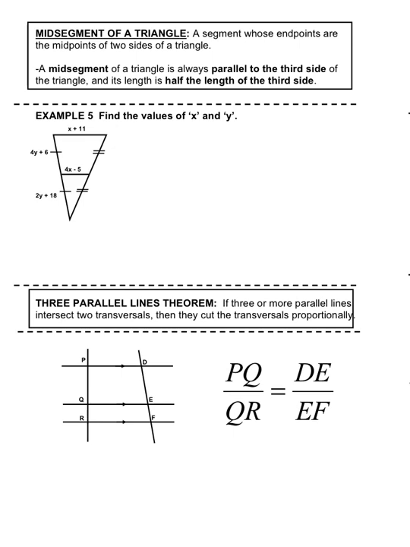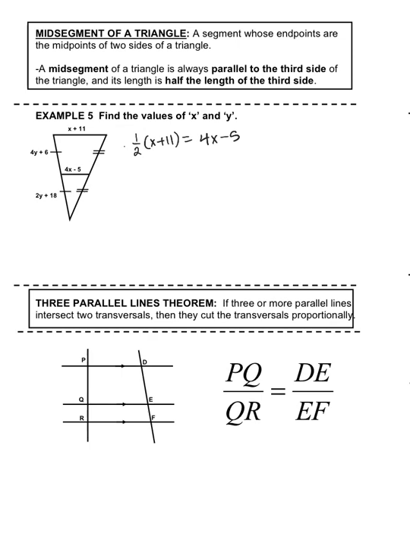It says find the values of x and y. I'm going to start off by finding the values of x first. So we know that because the mid-segment of a triangle is always going to be half of the third side, I'm going to say that 1/2 of x plus 11 is the same as 4x minus 5, okay? So from there, I'm going to go ahead and solve for x.